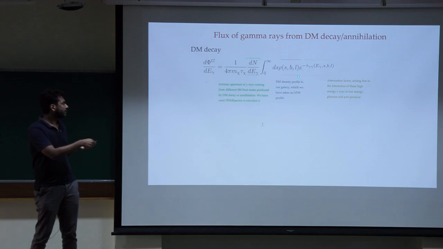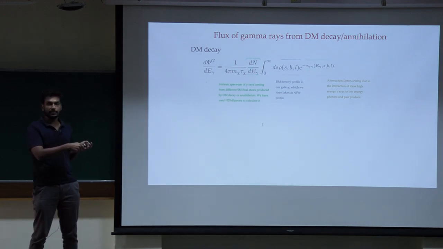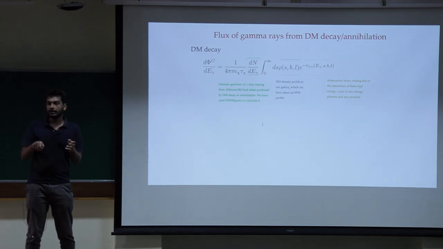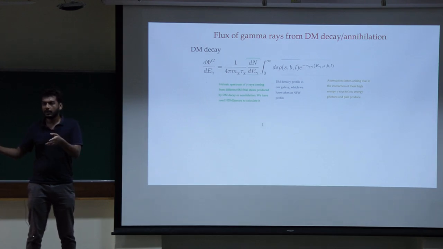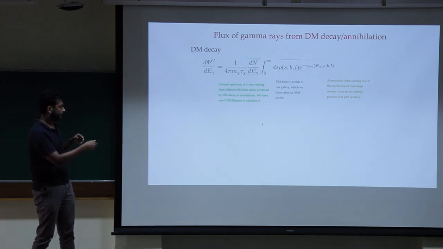Another term is this dN/dE, called the intrinsic spectra of these gamma rays. This is coming from the fact that dark matter is decaying or annihilating to various standard model particles, and the spectrum of gamma rays coming from these various standard model particles will be given by this term.